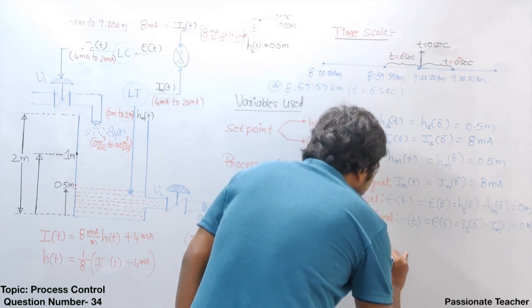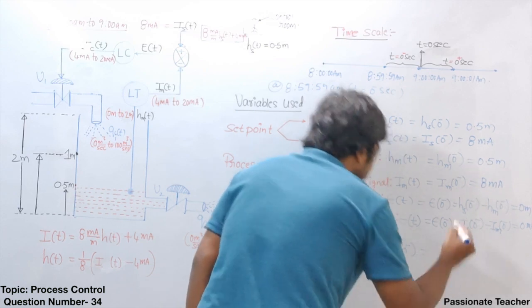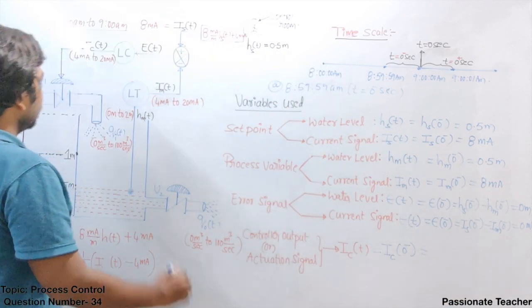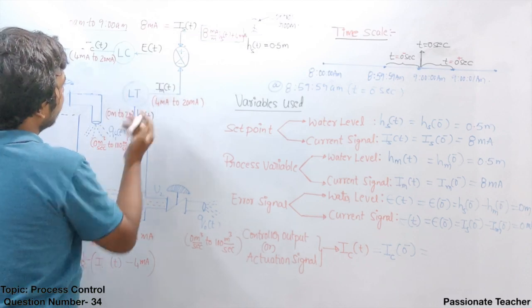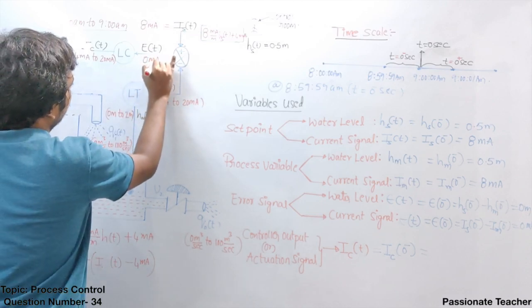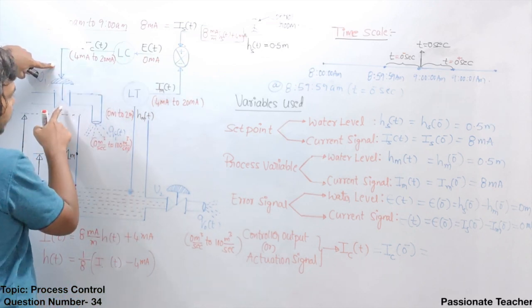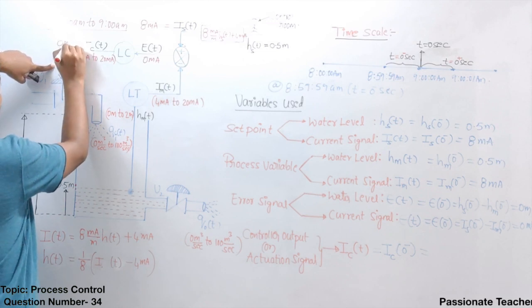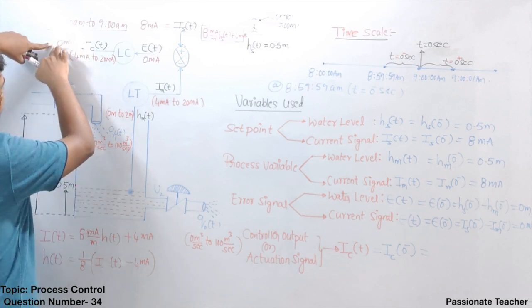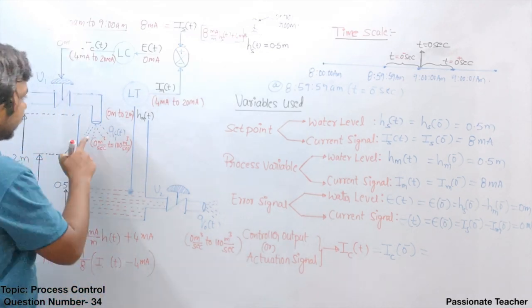The controller current can be given as Ic of 0 minus equal to... now look carefully. Here the error is 0 milliampere, right? But this should generate some current. Otherwise, suppose this current is equal to 0 milliampere, or 4 milliampere, then the valve will be at an extreme position, right? But how much do we require here?